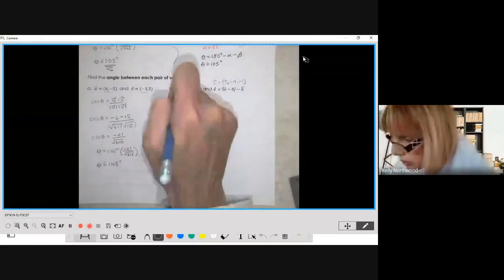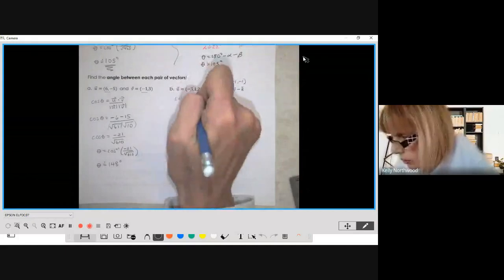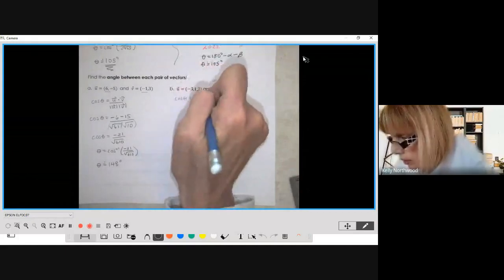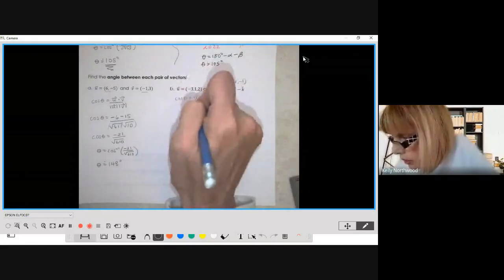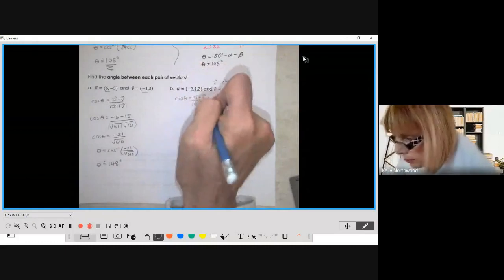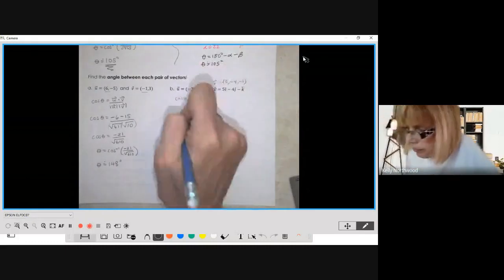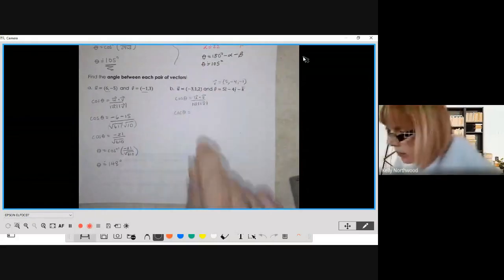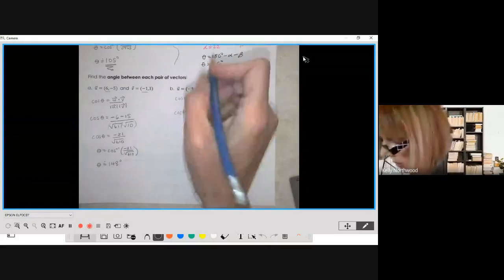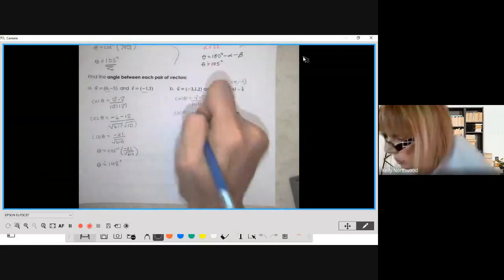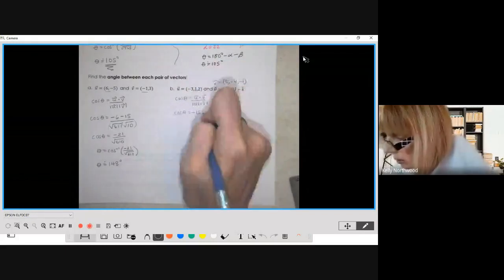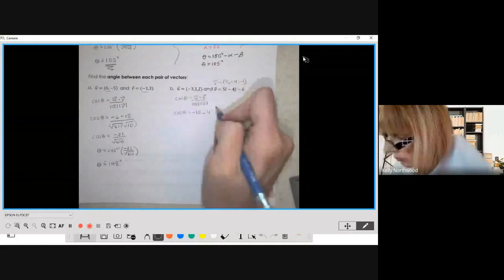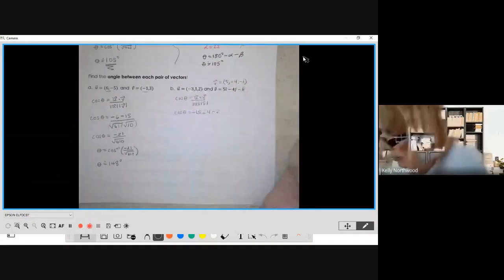So cos theta is u dot v over the magnitude of vector u times the magnitude of vector v. So u dot v, multiply and add, so -3 times 5 is -15, subtract 4, subtract 2. We're going to be getting an obtuse angle again.